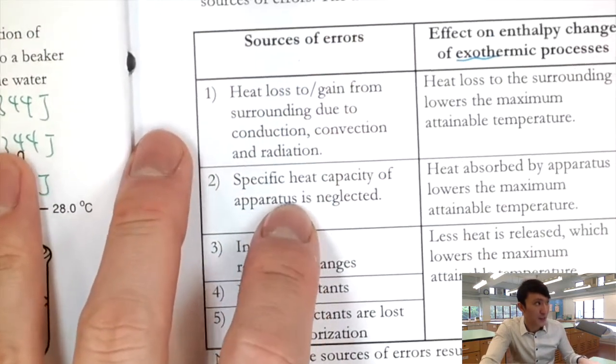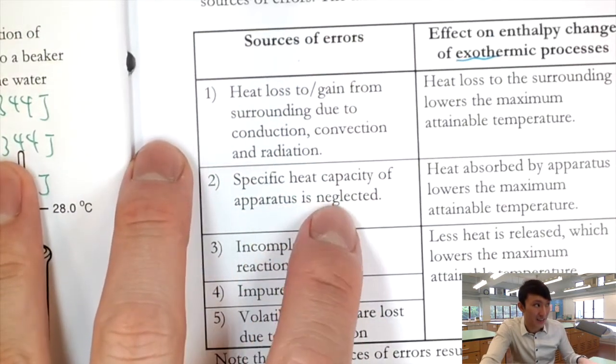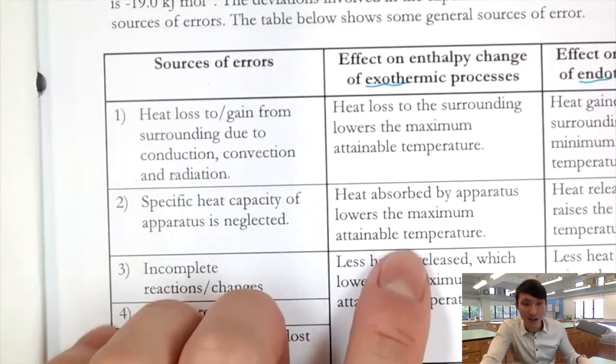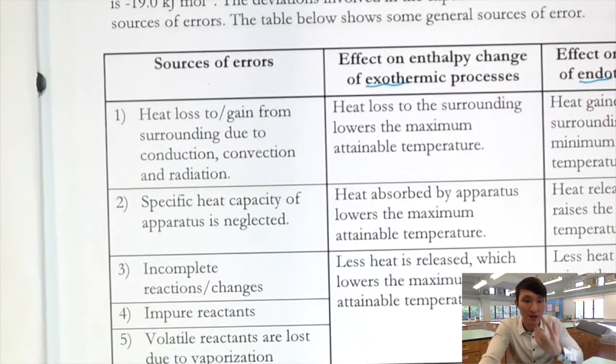Now here, the specific heat capacity of apparatus is neglected. Here we assume that only the 100 cm cube of water will absorb the heat released from the dissolution. However, the beaker, the thermometer, the glass rod, all of these apparatus also have a specific heat capacity. They will also absorb heat.